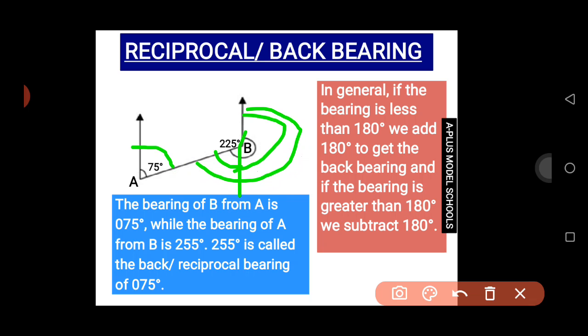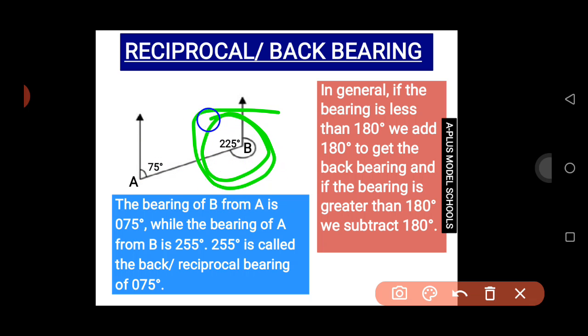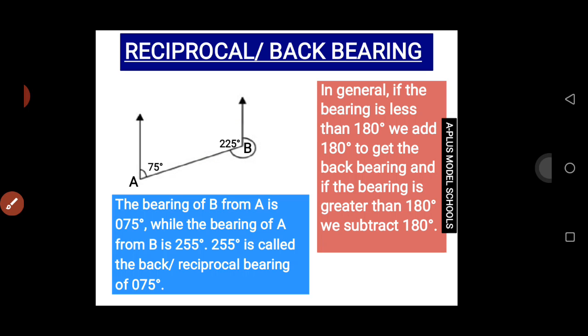But here I will first make a straight line, which is 180 degrees. This is an alternate angle: if this angle is 75, this angle too will be 75 degrees. When you look at it very well, it forms a Z angle, and Z angles are always alternate in nature. So that is how we get this 225 degrees.